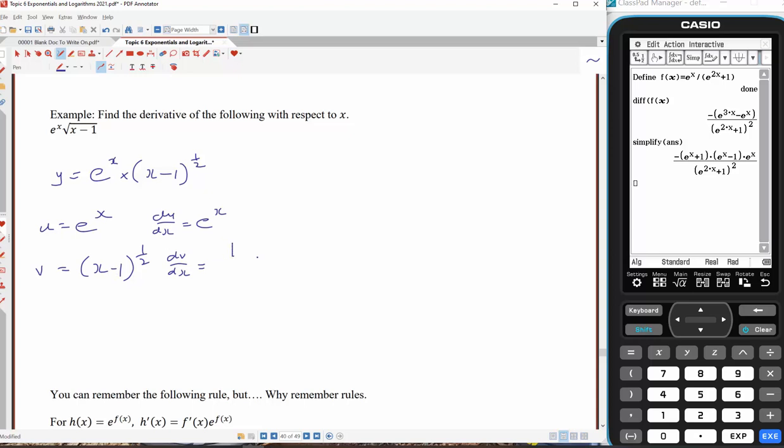So it's going to be 1 over 2 x take 1 to the half.